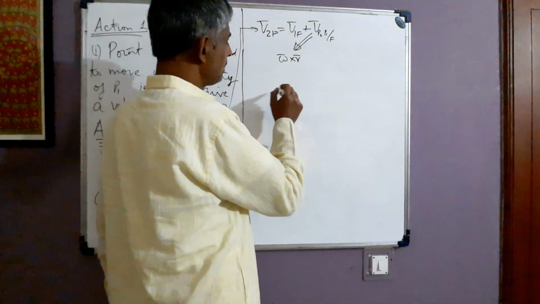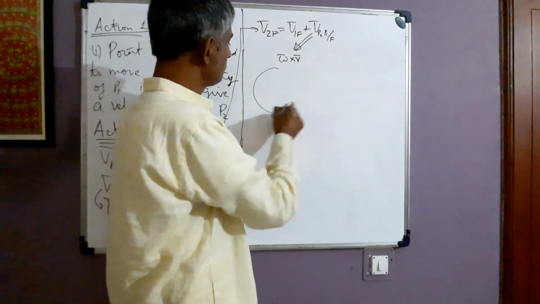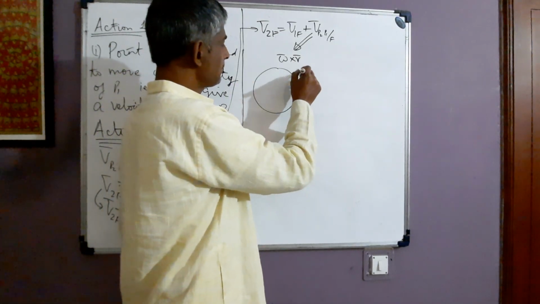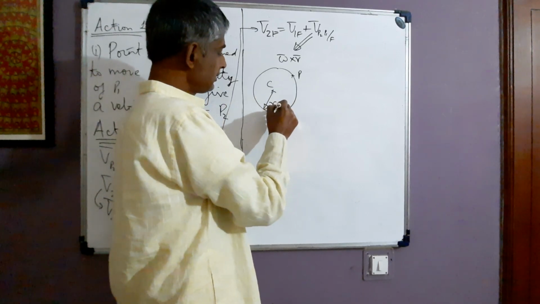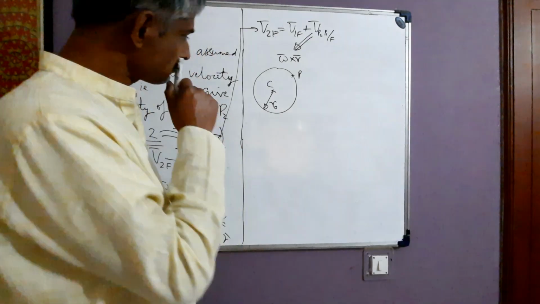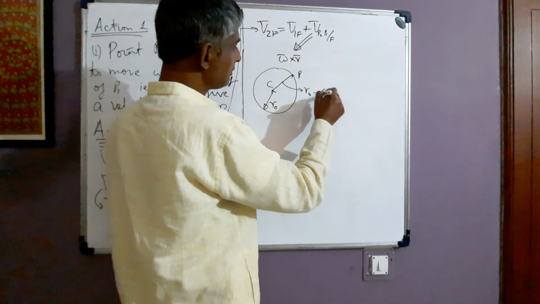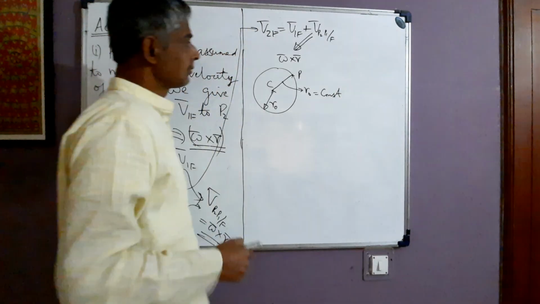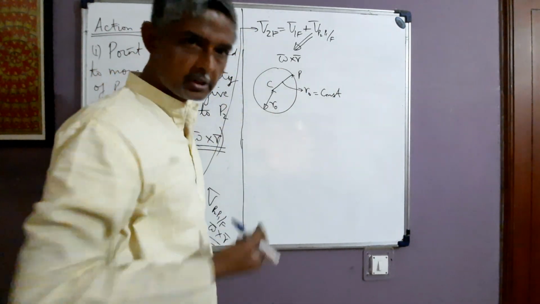Suppose a point P moves in a circle with center at C and radius R0. Then the distance CP is fixed, R0 constant. P and C are confined to lie in the same plane of the circle.